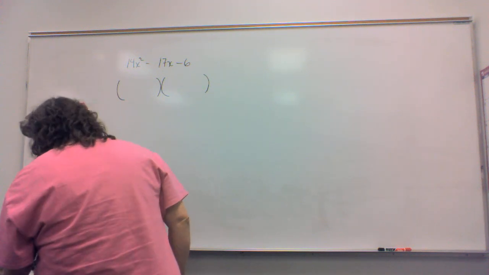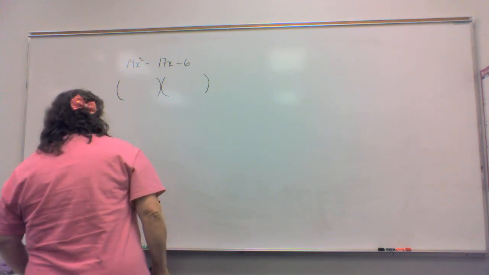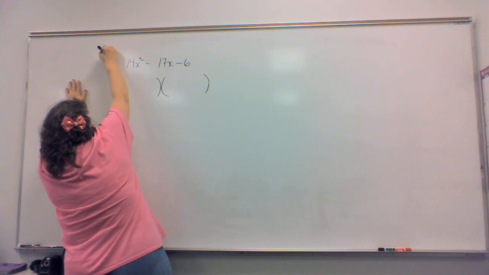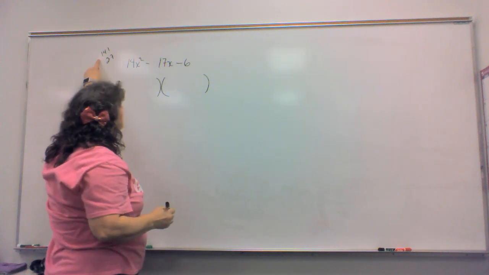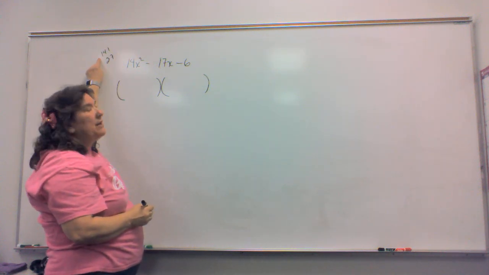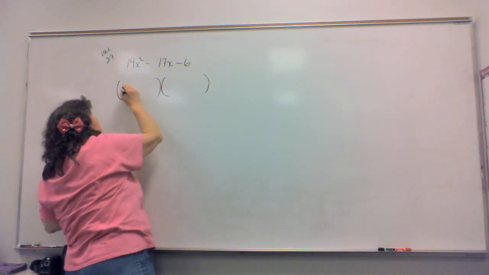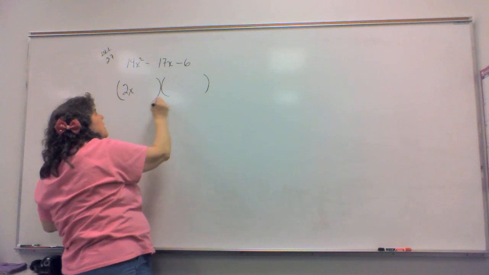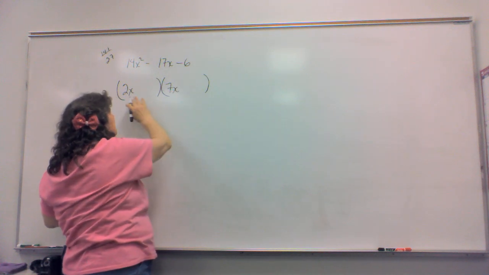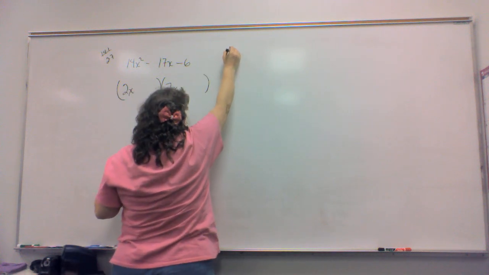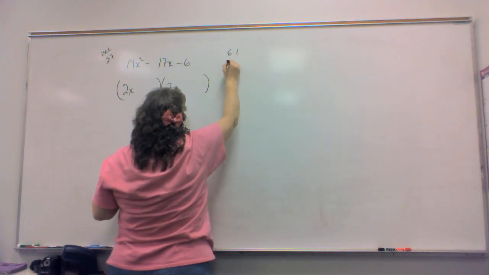So with a 14x, we have either a 2 and a 7 or a 14 and a 1. 14 and a 1 would be pretty big. I think we would end up too big of numbers. So let's look at 2 and 7. 2x and a 7x gives you 14x squared. Now we're going to look at that negative 6. You have 6 times 1 and a 2 times 3.